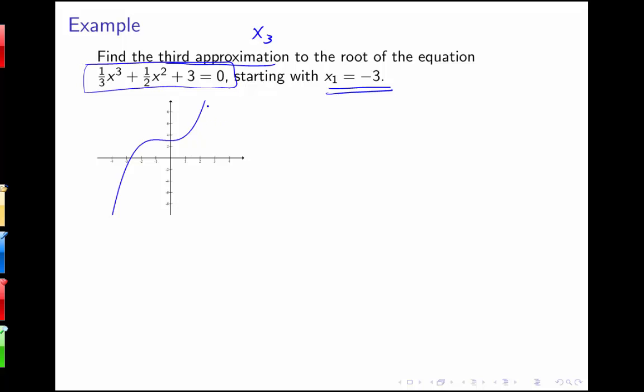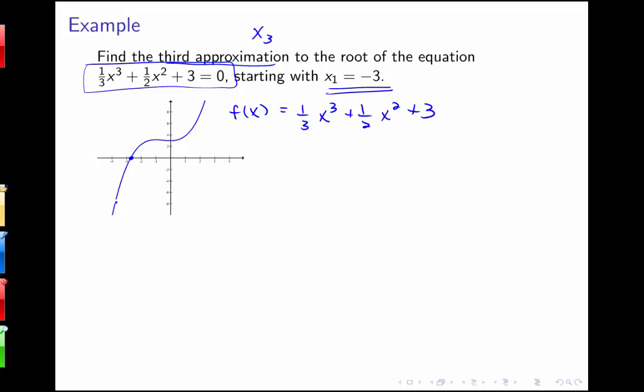So I've got a sketch of this particular cubic where f of x is equal to 1/3 x cubed plus 1/2 x squared plus 3. Okay, and so this equation represents where this graph crosses the x-axis. So -3 is this value just to the left of where it crosses, so it seems like that makes sense as a place to start.